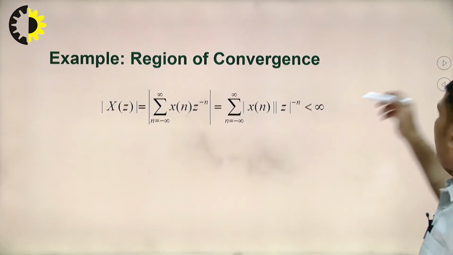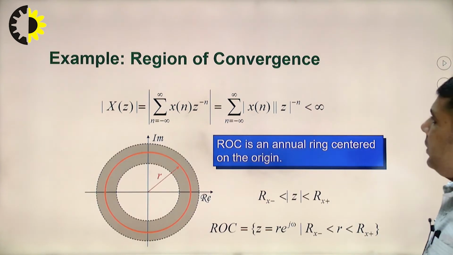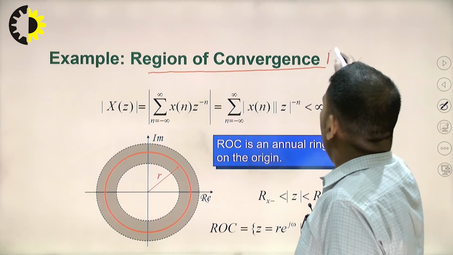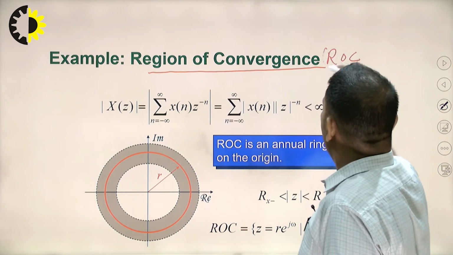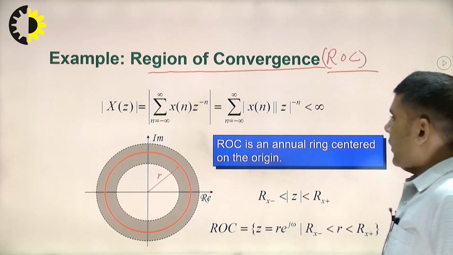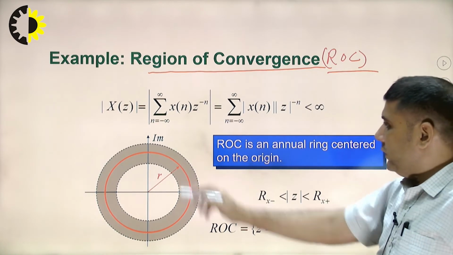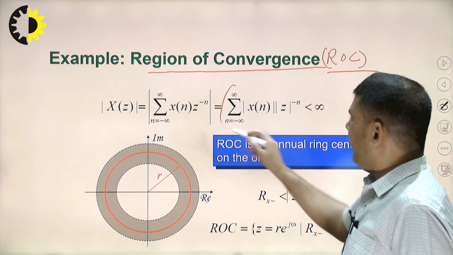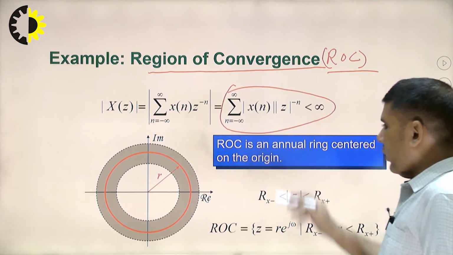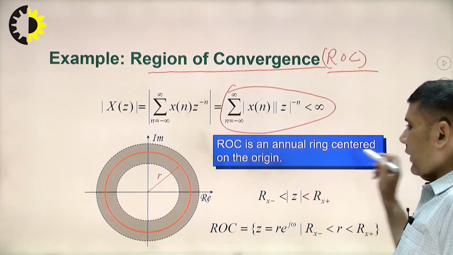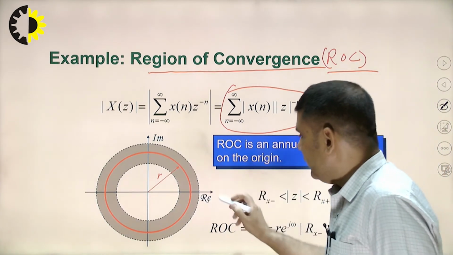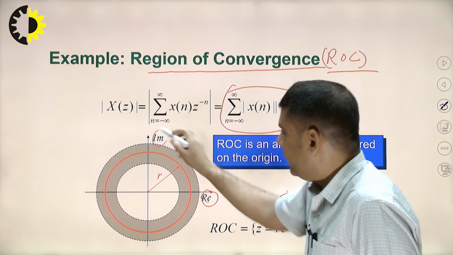So this is a very basic example of ROC, region of convergence, ROC example. You can see here, if you have X(z) magnitude, that is defined by this formula. So ROC is basically an annular ring centered on the origin. You can say this is the real part, this is the imaginary part.